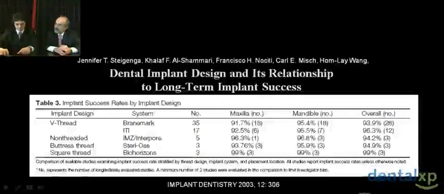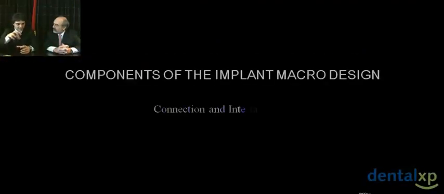Of course, we do not have as many studies as for the standard threads of the Brånemark group, so we need more data, but at least at the beginning it seems to be better. Exciting. Yeah. Even if from a surgical standpoint, it's not the ideal thread design for placing implants.